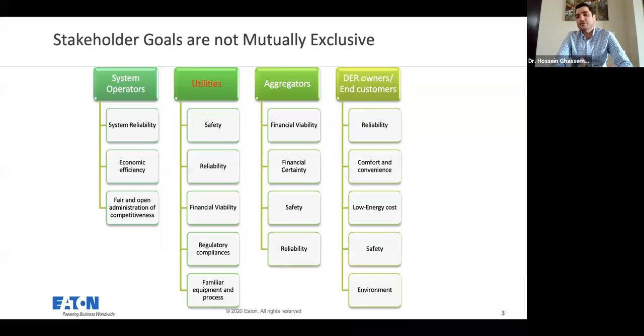They also see the burden of DERs in their system, because there are still lots of technological challenges that need to be addressed. To me, if we cannot address these fears, problems and barriers, we will not reach the level of DR adoption that we want in the future. Next slide, please.